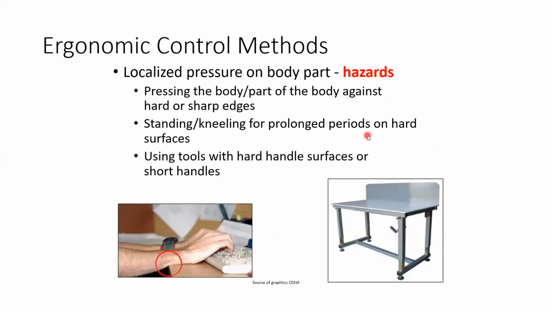Okay. Localized pressure on body part. This hazard is pressing the body or part of the body against hard or sharp edges, standing or kneeling for prolonged periods on hard surfaces, using tools with hard handle surfaces or short handles.